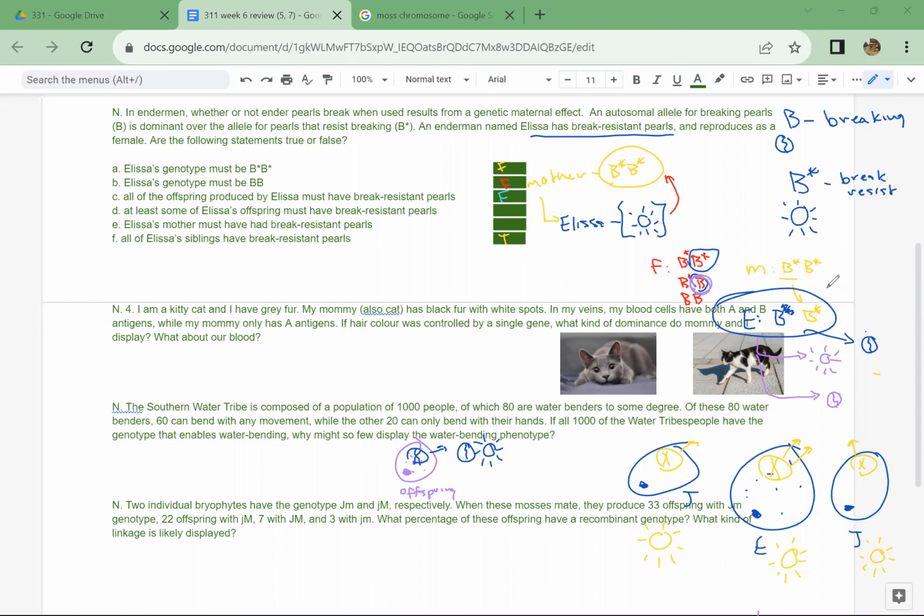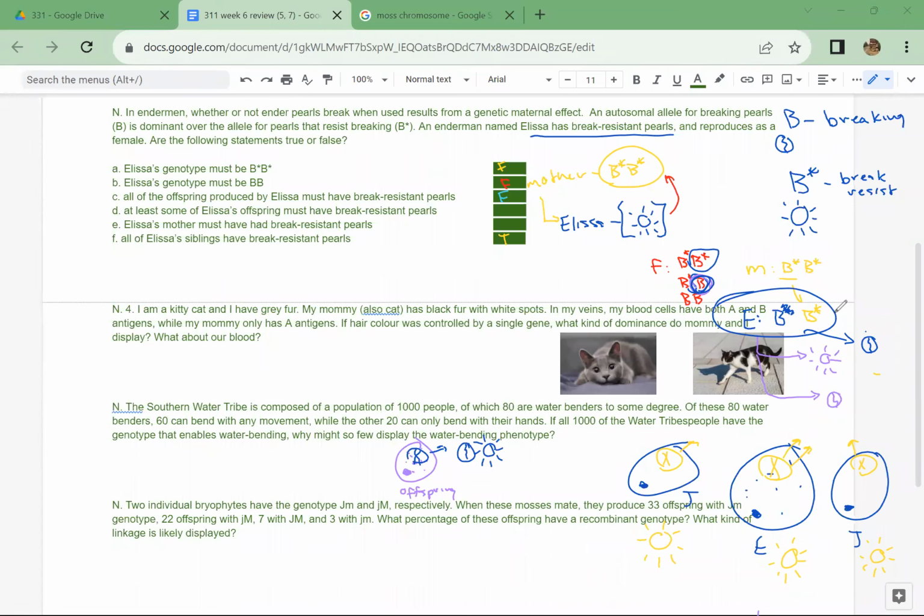And once again, we cannot for certain know Elisa's genotype. It could be that Elisa's father gave the regular B allele, and therefore Elisa has the genotype for breaking pearls. And therefore, because of the genetic maternal effect, the genotype of a mother influences the phenotype of the offspring.